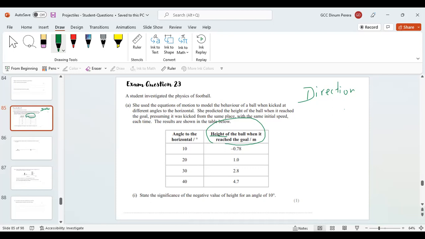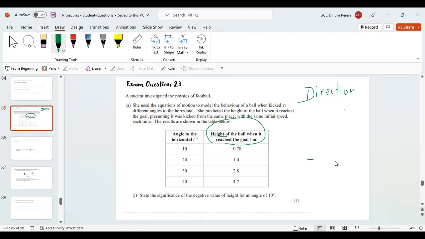What does that mean? What did you mean by the opposite direction? Since the ball is kicked high, when it's kicked, the motion is upwards. Yes. And then it reaches a maximum height and then comes down. So that downward motion is in the opposite direction of the initial motion, right?